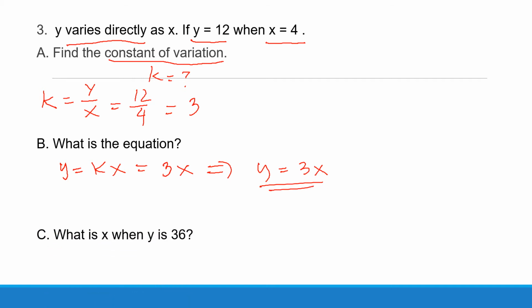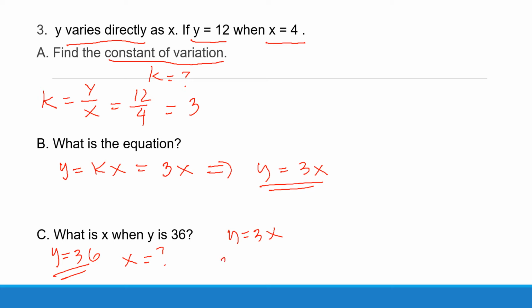So, letter C. What is x when y is 36? So, we need to write y equals 36. So, ano daw yung x natin? So, we need to use the given formula sa letter B. So, we have here y equals 3x. So, we need to substitute. Palitan natin yung y ng 36.